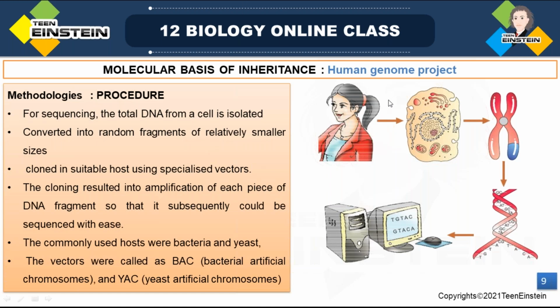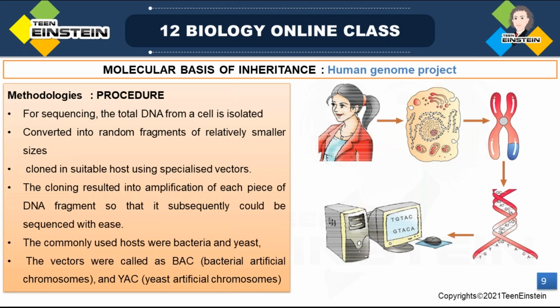So from human cells, the total DNA is isolated. The next step is conversion into random fragments of smaller size. The whole DNA is isolated, then made into random fragments with smaller size.